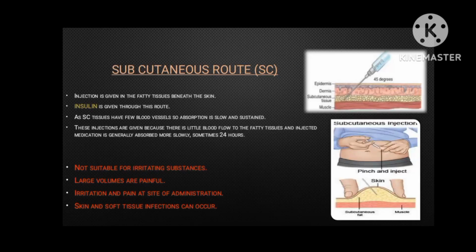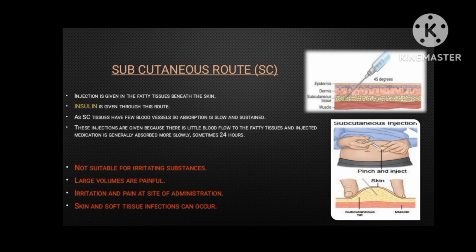Subcutaneous route. Injection is given in the fatty tissues beneath the skin. As you all can see in the diagram of skin, there is a layer of subcutaneous tissues above the layer of muscles. As subcutaneous tissues have very few blood vessels, absorption is slow and sustained, which means small amounts of drugs keep entering the blood slowly, so the response of drug is long term.